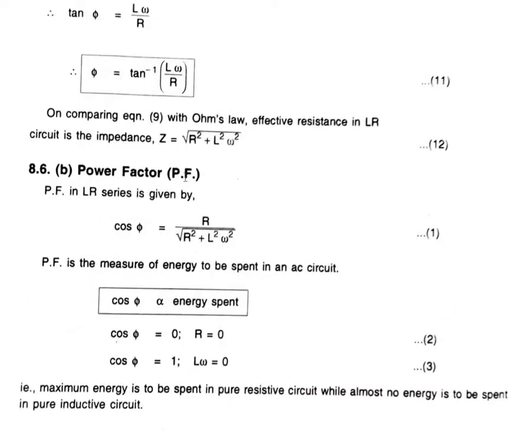So the power factor of this circuit is given by cos phi is equal to R divided by square root of R square plus L square omega square. So what is the power factor? Power factor is given by true power divided by apparent power. True power is the power consumed by the circuit, that is a purely resistive power.